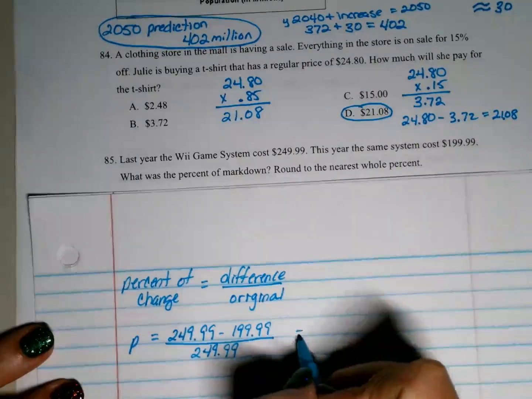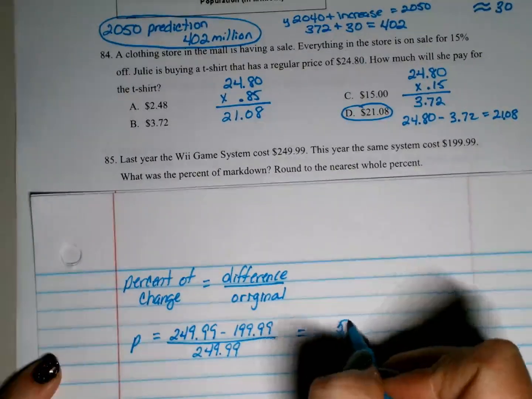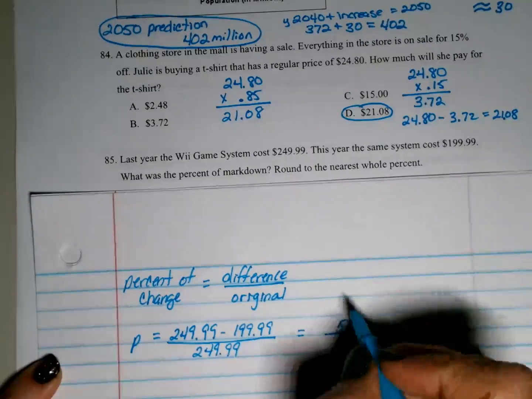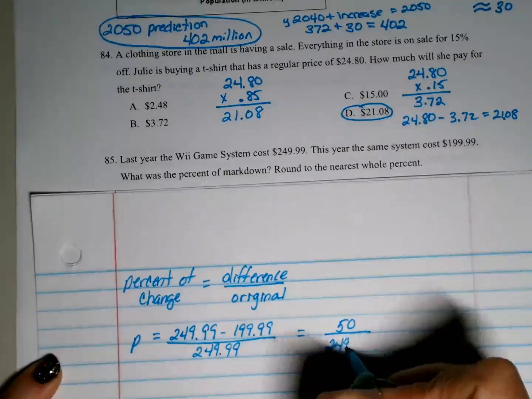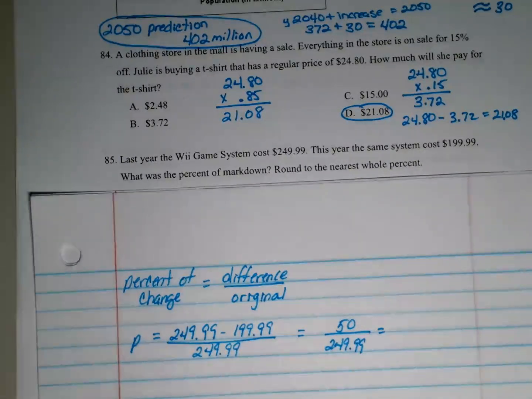Okay, what's the difference between $249.99 and $199.99? It's $50. I'm going to divide 50 by $249.99, and what do I get? Wait, just a minute, I'm going to do this dividing.